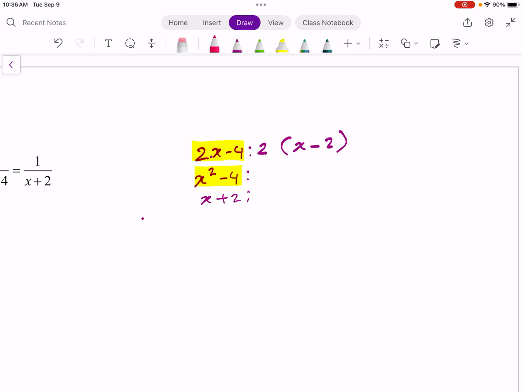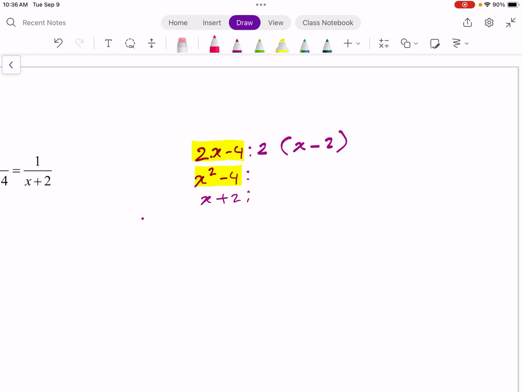No. Now the next, since we have two terms, there are always three ways to factorize. We always check whether those two terms is a difference of square, sum of cube, or difference of cube. Now which one is this? Is this the sum of cube, difference of cube, or difference of square?